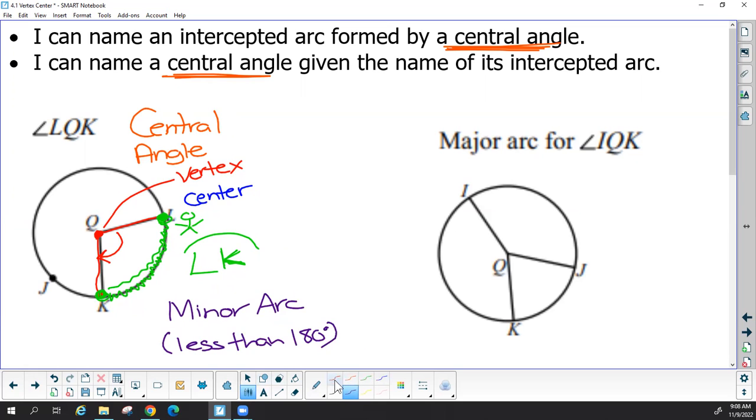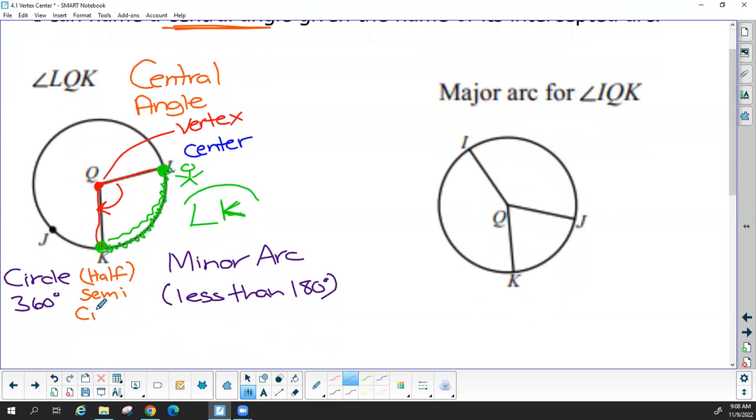So this is a good time to mention that a whole circle is 360 degrees. And so that means half of a circle, which we call a semicircle, is 180 degrees. And that's not how you spell circle.